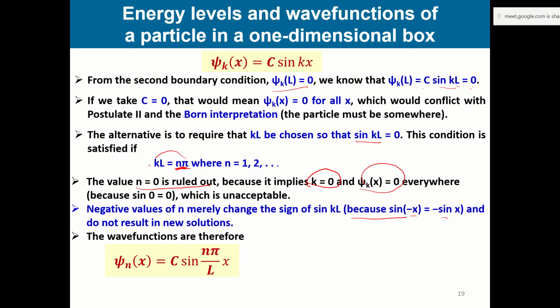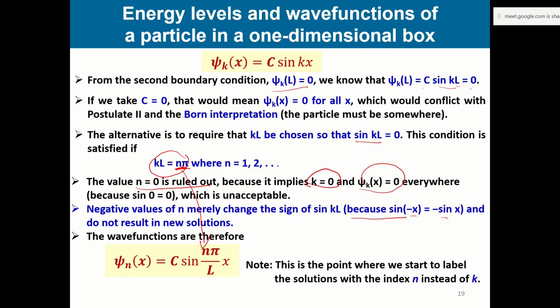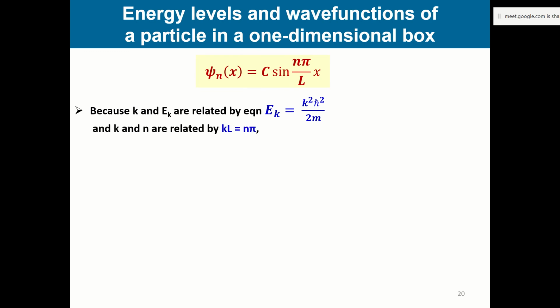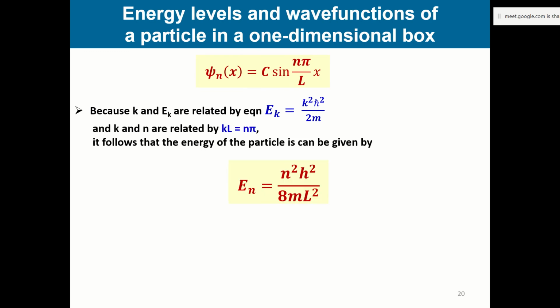Wave functions are therefore c sine. We are now substituting the value of k here, n pi by L, and that gives us the form of the equation. So this is okay. Once you have k, you can substitute it and get the value of energy in the same manner, with n square.